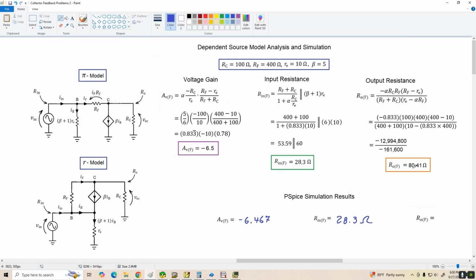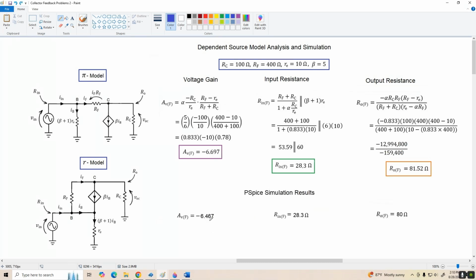And we predicted 80.41. So we're very, very close. Could be a little bit of rounding in PSpice or perhaps somewhere in my calculations, but we're really, really close. And I think the PSpice results give us a pretty good indication that what we did here in the derivations was all good.